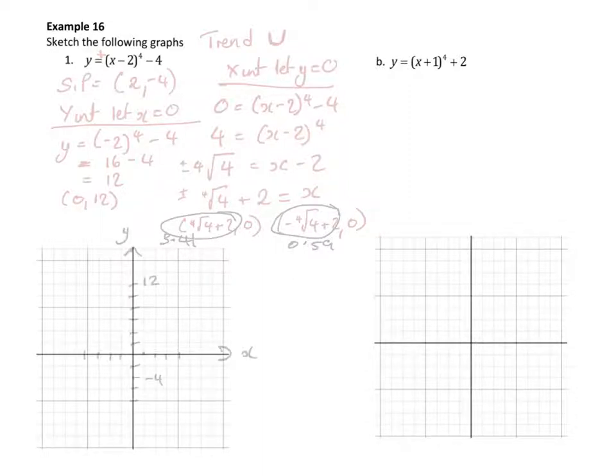So let's start plotting some of those points. We've set up our axes, y and x. And so my turning point or stationary point is at 2, negative 4, which would be around about there. So that's 2, negative 4. My y-intercept is at 0, 12, which is up there.